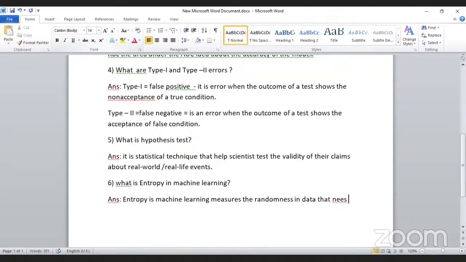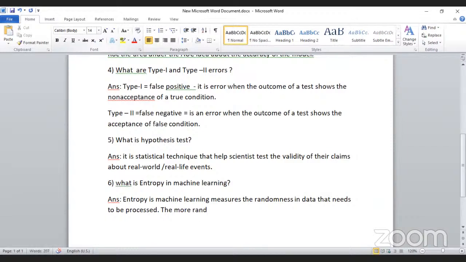We can say the more randomness we have in our data, the more problems there will be for us.